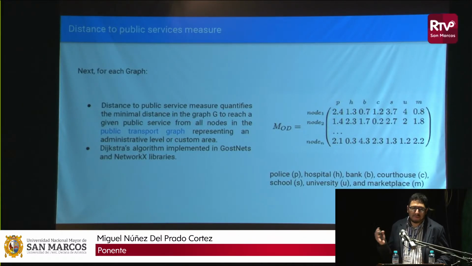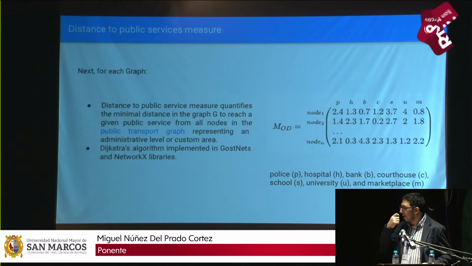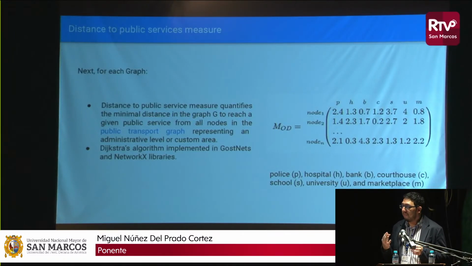We have formerly presented it. Over this one, we use just the Dijkstra algorithm to give the shortest path and measure the distance. So at the end, from every point on the graph, we try to reach the different closest amenities.